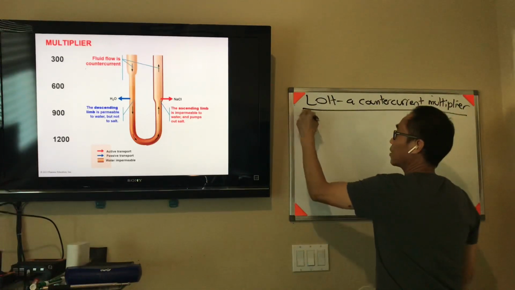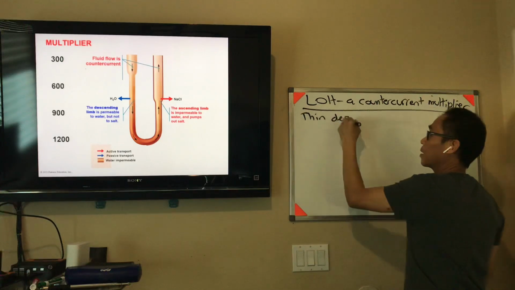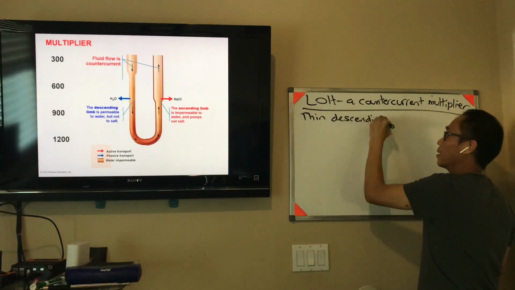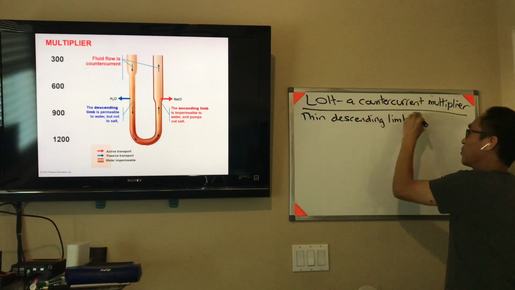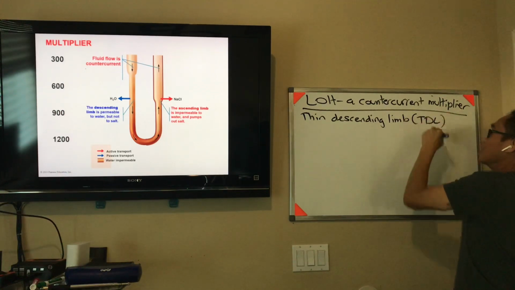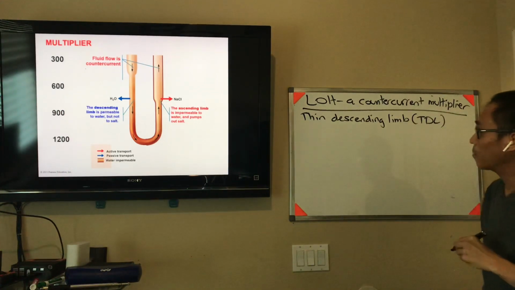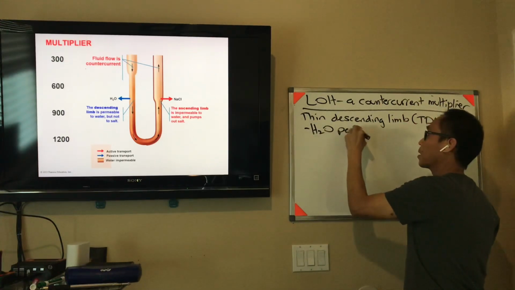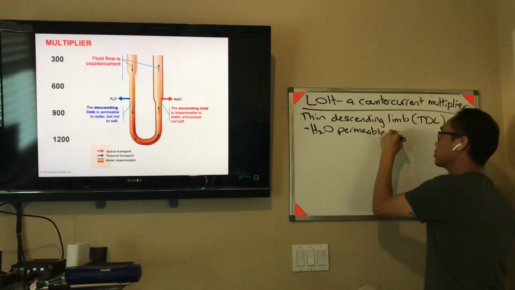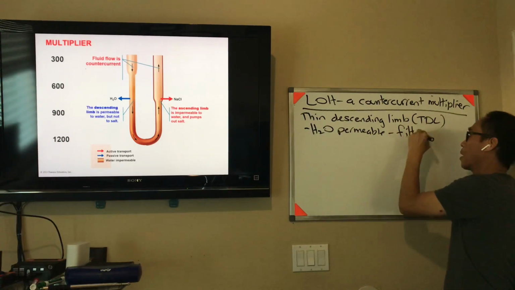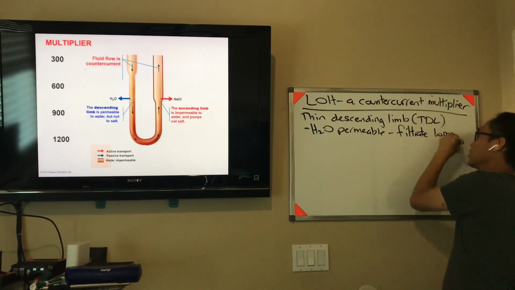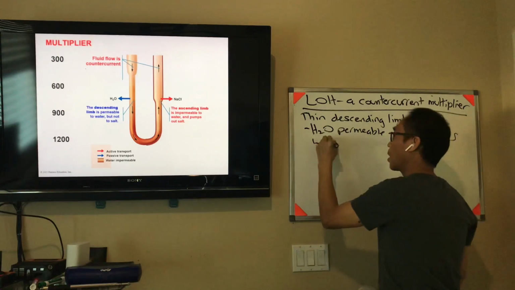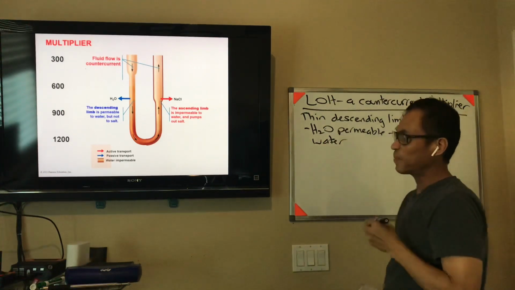So in the thin descending limb, maybe I'll use the abbreviation TDL, it's water permeable. So the filtrate loses water. It's just following the rules of osmosis.